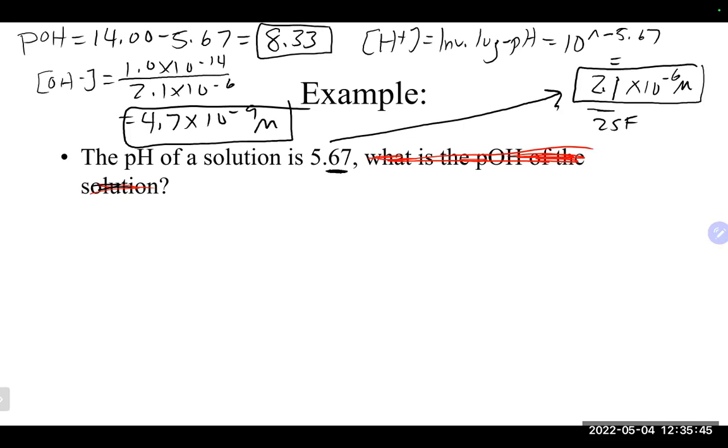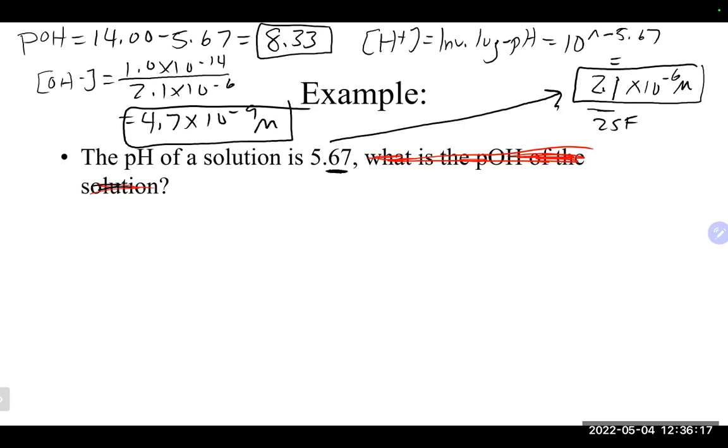Since I used Kw and you did the inverse log, when we do it that way and see what we get here, minus 8.33, I see mine still does that rounding. So I think it's just a slight way the calculators round. Mine gave me the 4.7, but yours might have just rounded it to 5 and then put it into scientific notation after it rounded it.